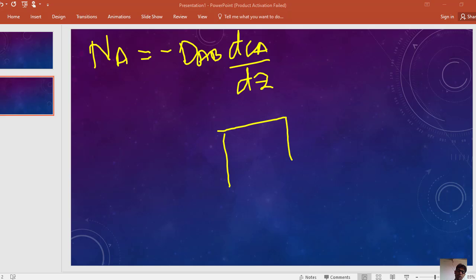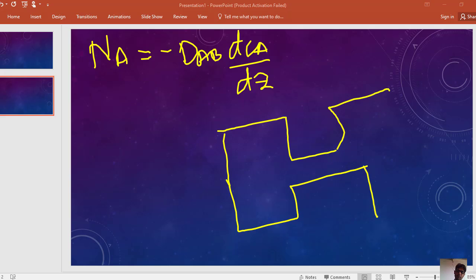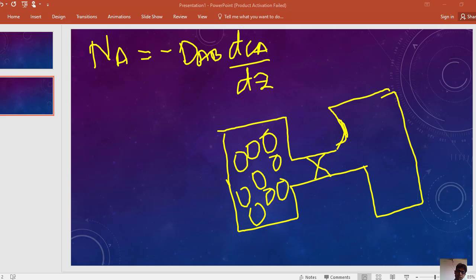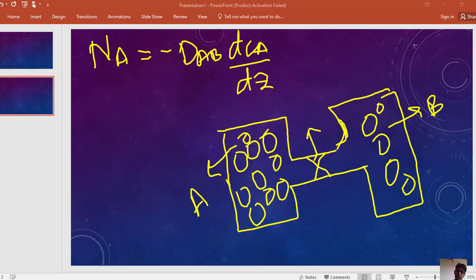Suppose we have two compartments with a wall between them. Suppose this is gas A and here is gas B. If we open the wall, component A will transfer from the high concentration region to the low concentration region, and it will cover some distance, which is dz.